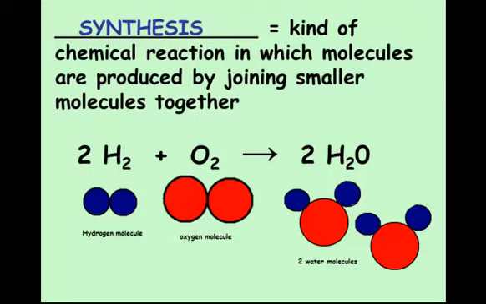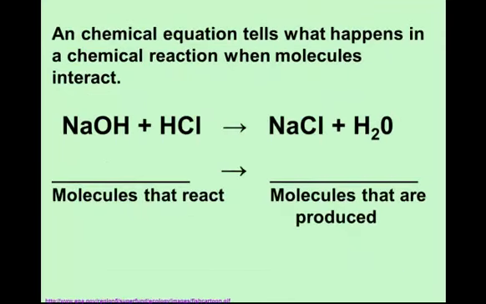For example, if I take 2 hydrogen molecules and combine them with our 1 oxygen molecule, we get 2 water molecules. Water is made up of hydrogen and oxygen. And when we write a chemical equation that's telling a chemical reaction, we put our reactants on the left-hand side of the arrow, and we put our products, what's produced, on the right-hand side of the arrow.